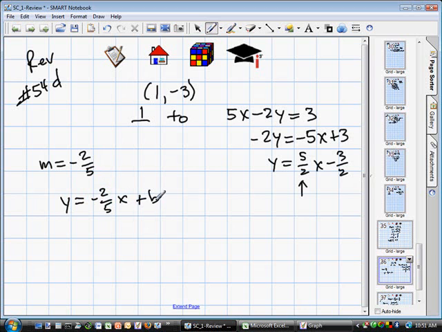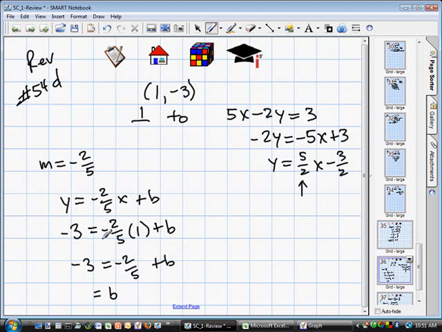So now we know that our line must be in this form. Now all I got to do is find B, and I got it, and that's where the point comes in. So now we plug in a -3 for y. We plug in a 1 for x. Solve for B. Add 2/5 to both sides.